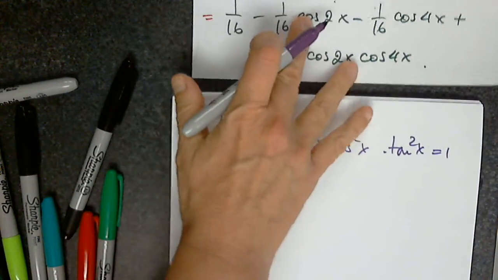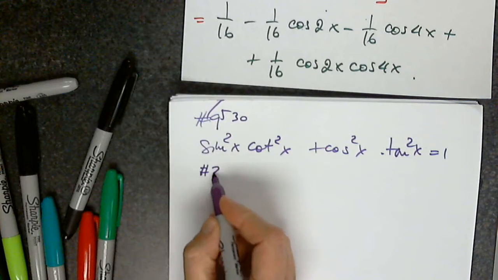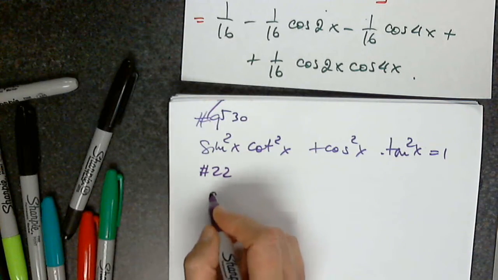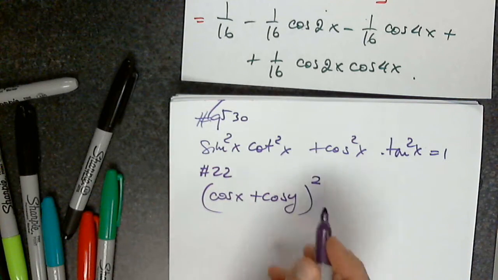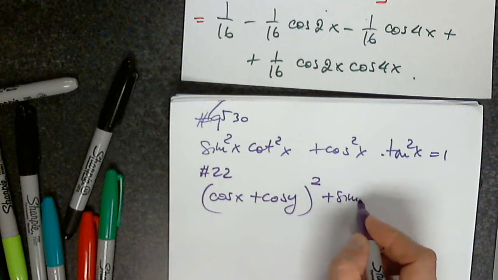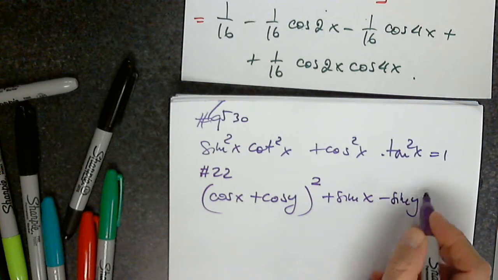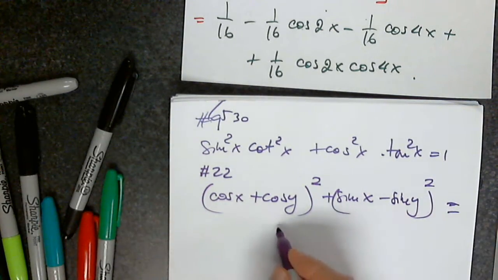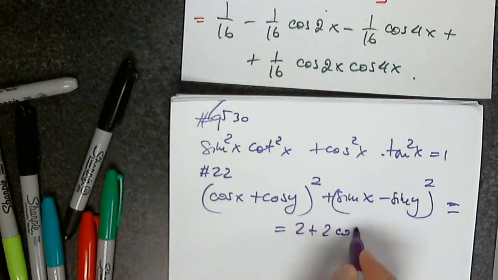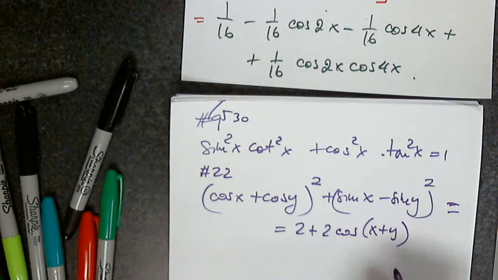And when you finish, let's work on 22, same page. Cosine x plus cosine y squared plus sine x minus sine y squared. They say it equals 2 plus 2 cosine x plus y.